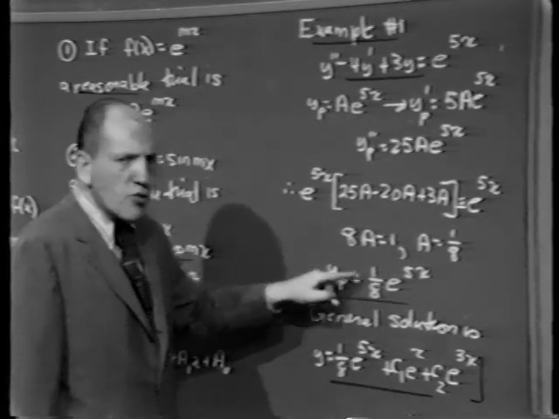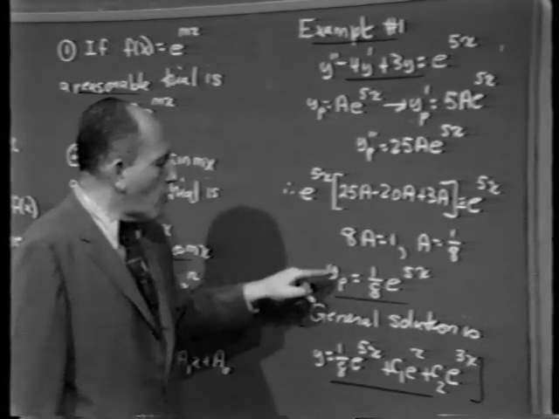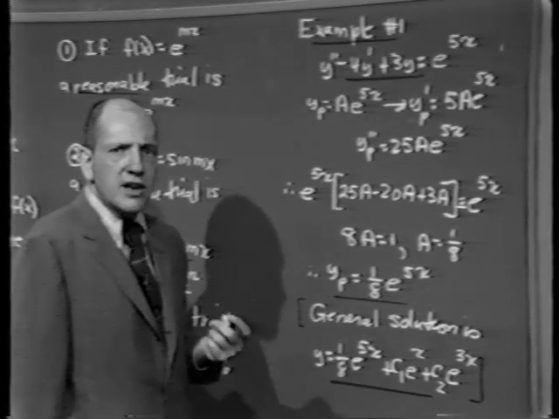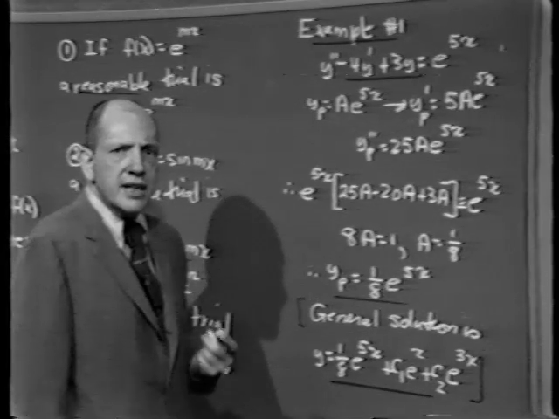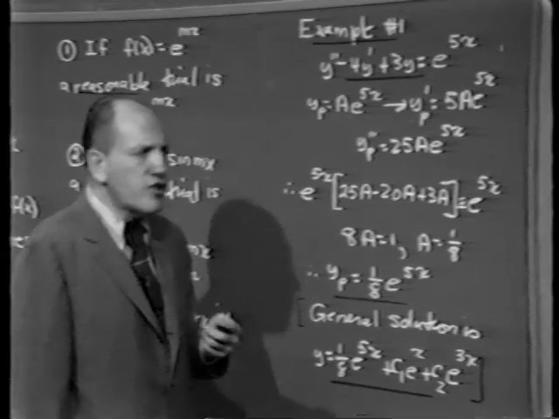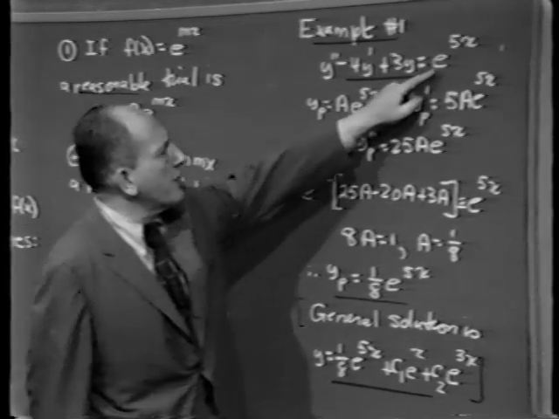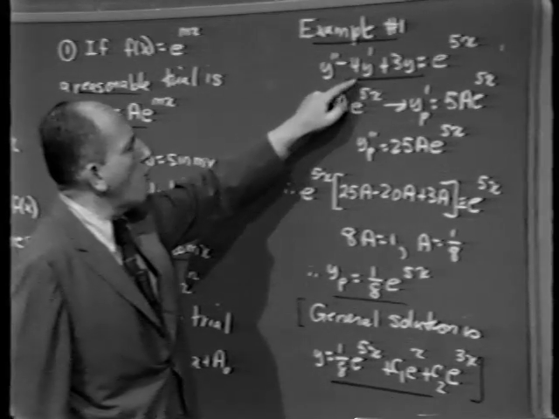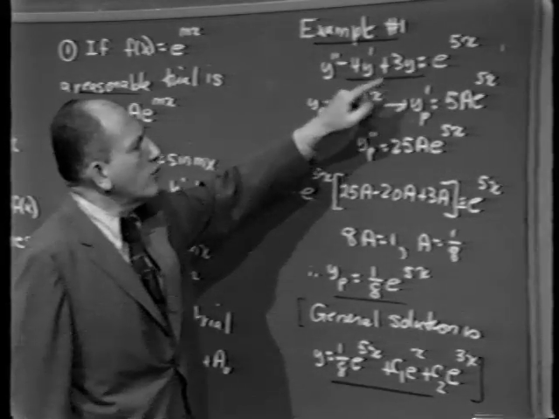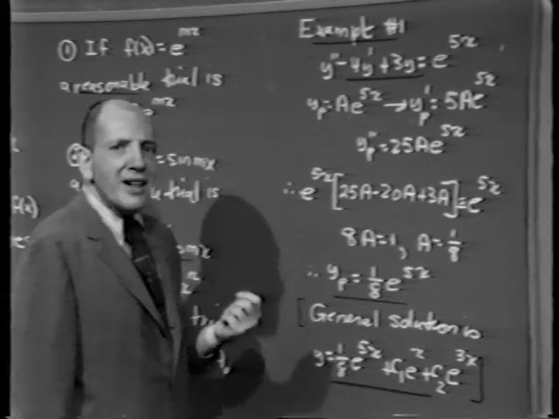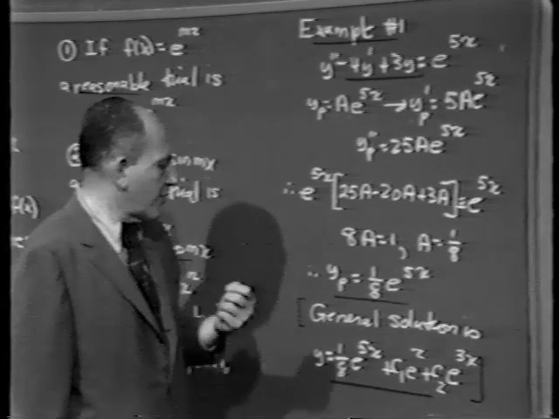By the way, lest we lose track of what the general theory is, remember that to find the general solution of the equation, all we need is a particular solution plus the general solution of the reduced or homogeneous equation. Recall that with the right-hand side 0, we already know that y double prime minus 4y prime plus 3y equals 0 has as its general solution y equals c1 e to the x plus c2 e to the 3x.